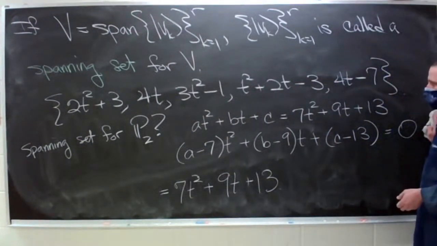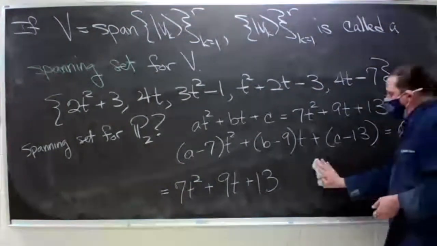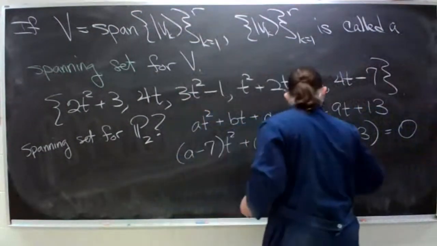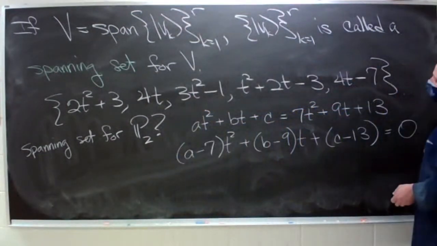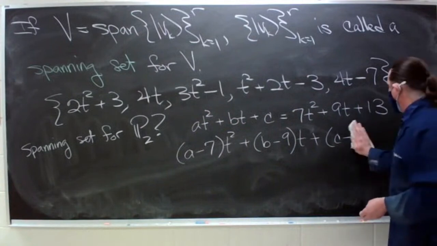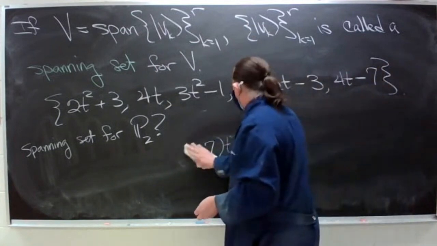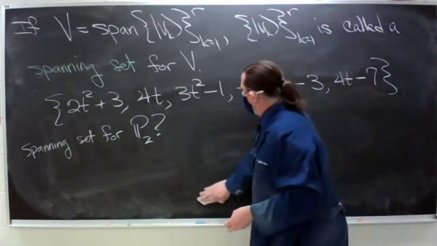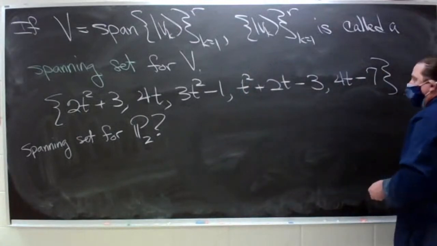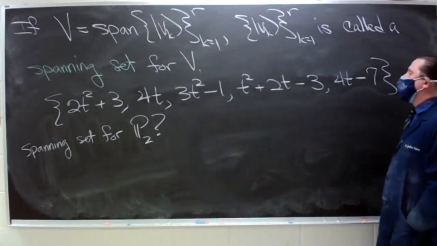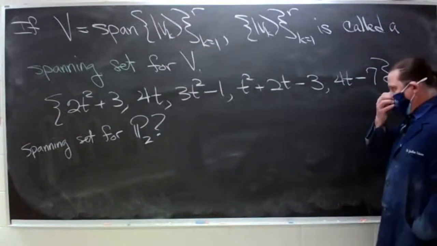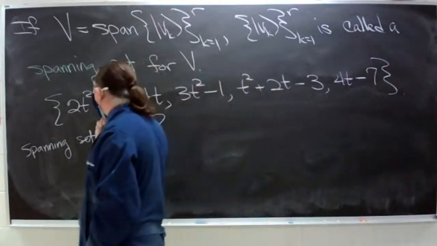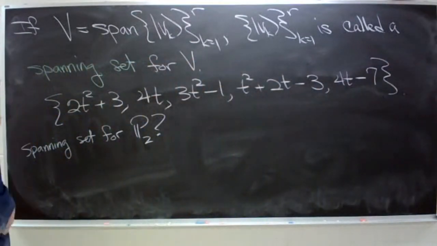So let's see if we can find an easier way to look at this. Clearly we can get every vector here in terms of this set.